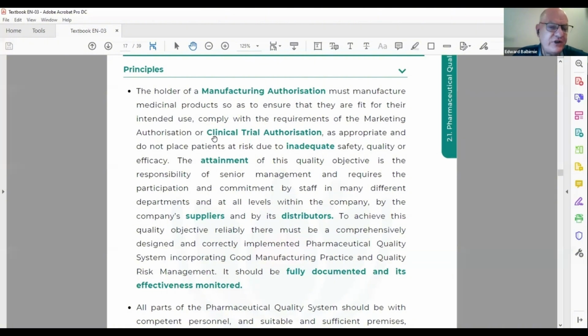So authorization is really another word for approval. So you see here we have manufacturing authorization, approval to manufacture. We have marketing authorization, approval to market or sell. And then in clinical development, you need a clinical trial authorization, and you need your IMPD approved before you can start the clinical trial.